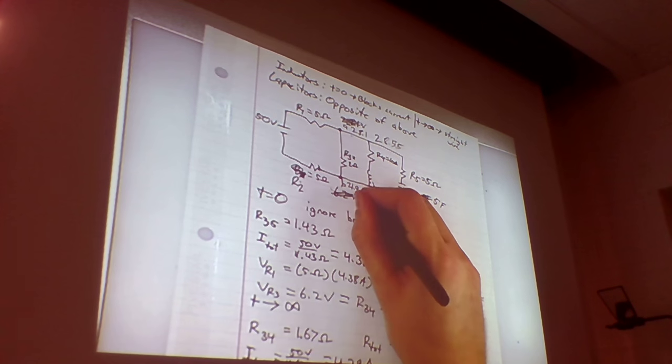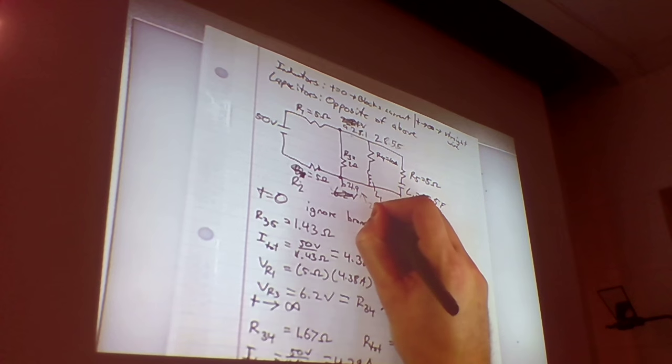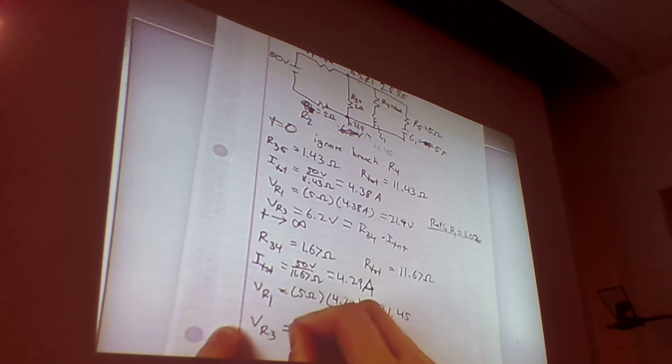And then down here you'll end up with 21.45. And so you end up with 7.1.